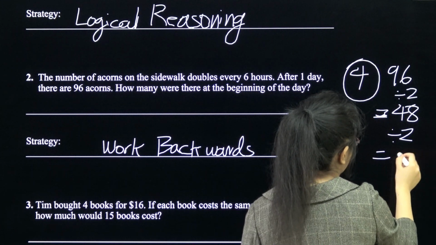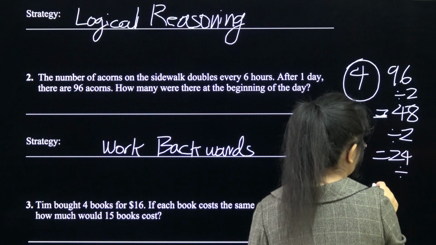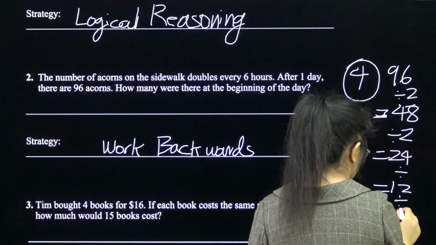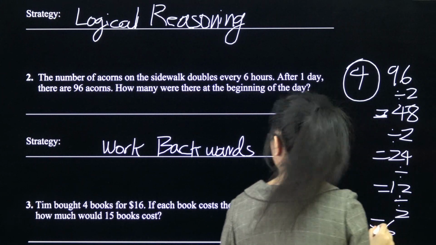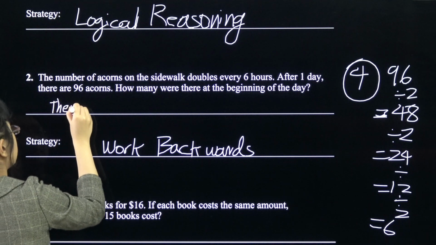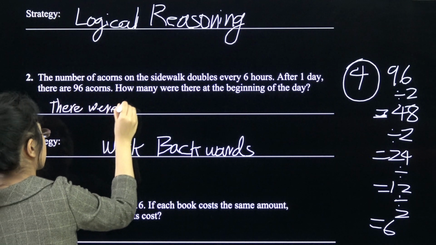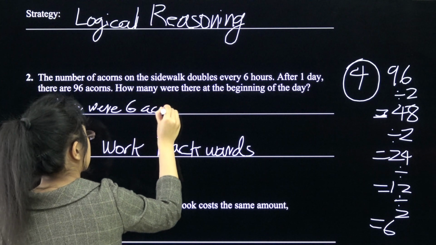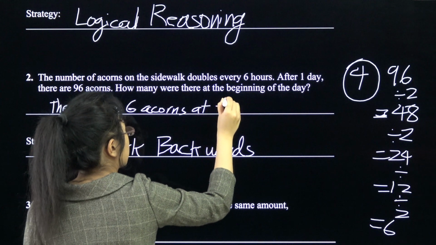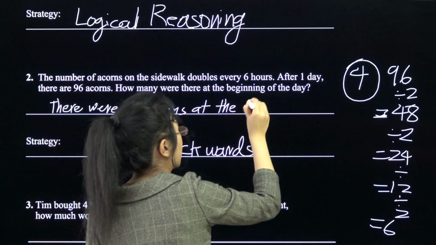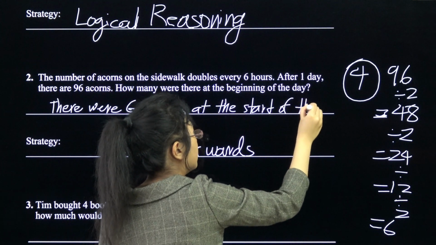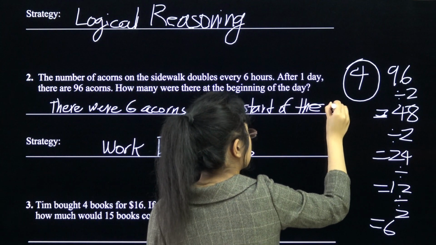Equals 24 divided by 2 equals 12 divided by 2 equals 6. There were 6 acorns at the start of the day.